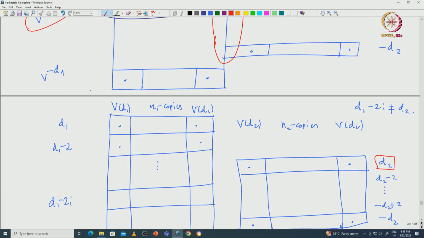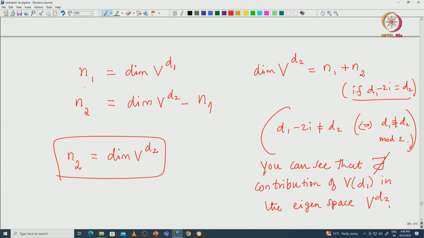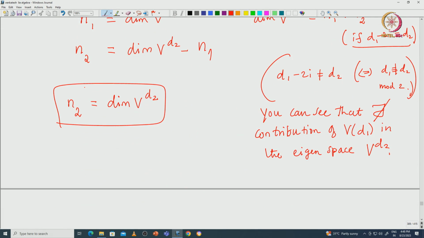But if there is no matching, that means the parities are different, then just the dimension of V_D2 will give you N2.